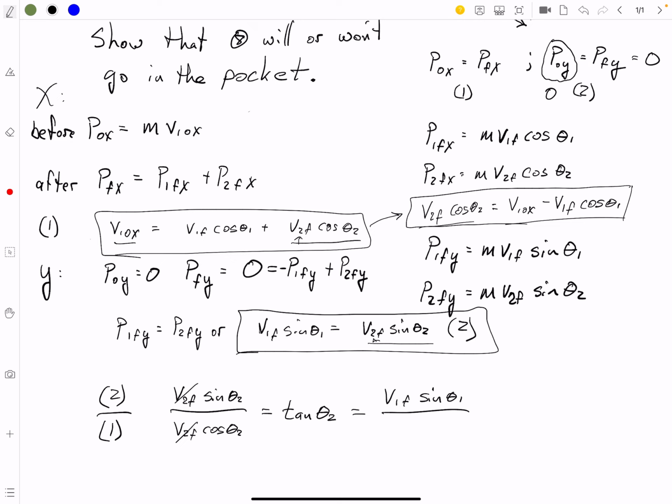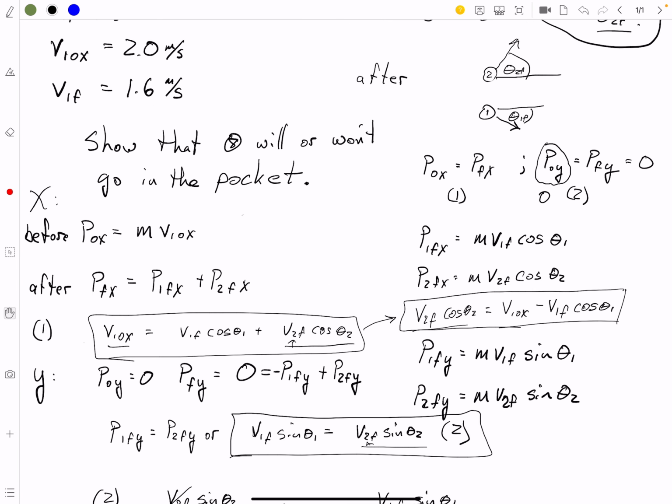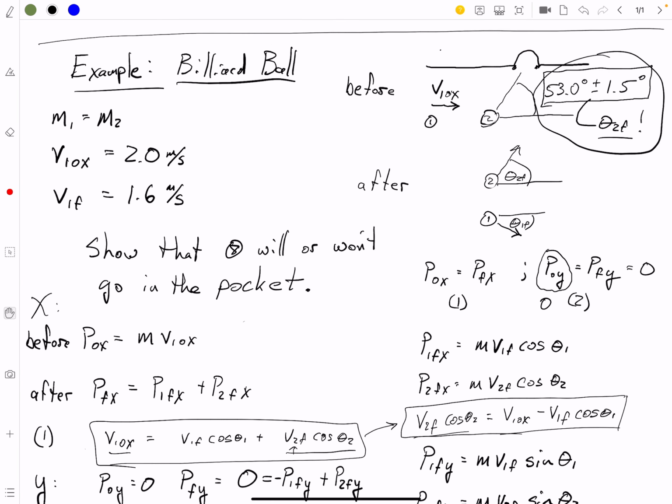So I have to put in the bottom v1 naught x minus v1 final cosine of theta 1. Now, if you notice, we know this. Oh, gosh, you know what? You're like, no, we don't know that. But yes, we do. And I apologize. Theta 1, this theta 1 right here is 37 degrees.